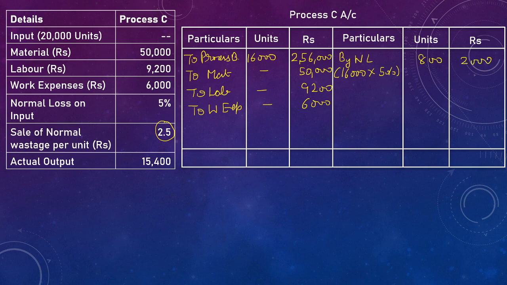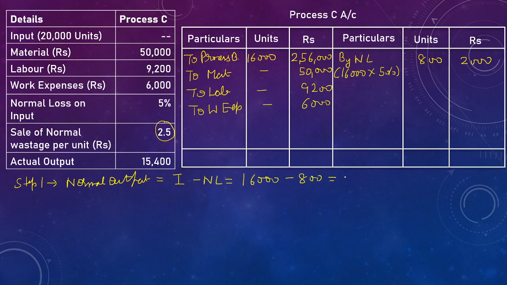So when we multiply 2.5 with 800, the net realizable value is 2,000 rupees. Now we follow these three steps to calculate cost per unit. In step number first, we have to calculate normal output, and the formula that we use is input minus normal loss. Here the input units are 16,000 and normal loss units are 800.